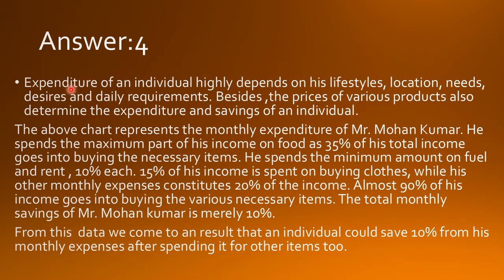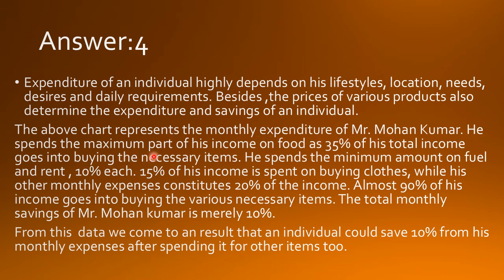The expenditure of an individual highly depends on his lifestyle, location, needs, desires, and daily requirements. Besides, the prices of various products also determine the expenditure and saving of an individual. The above chart represents the monthly expenditure of Mr. Mohan Kumar.